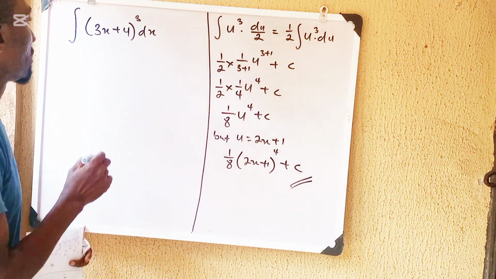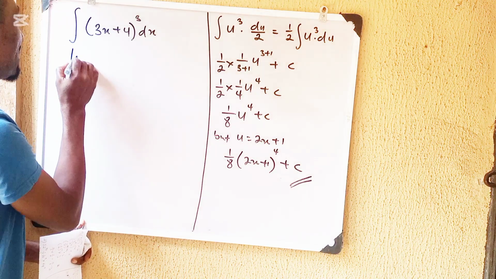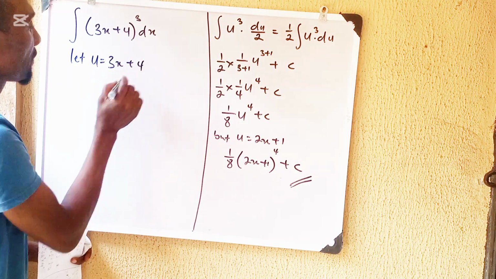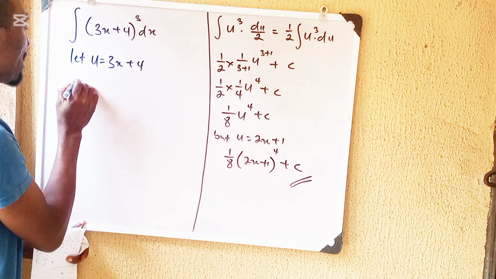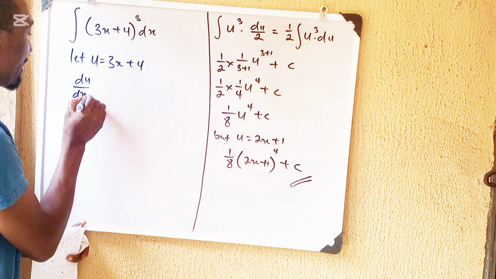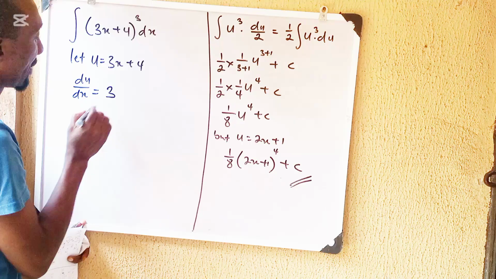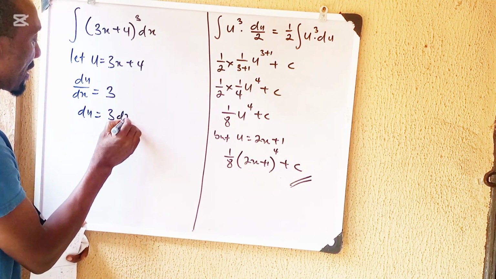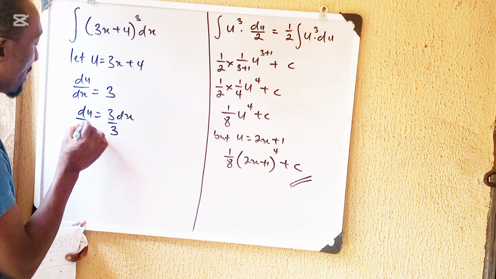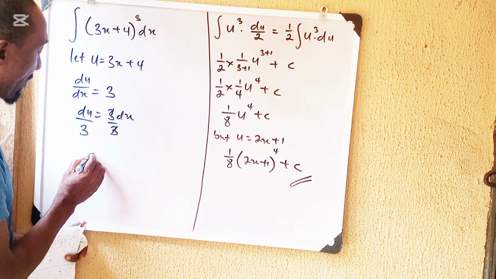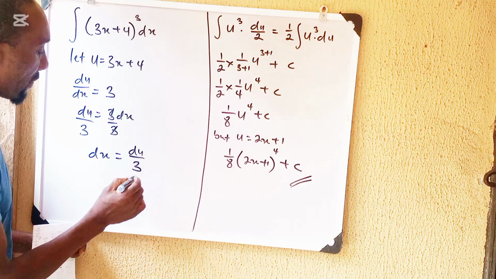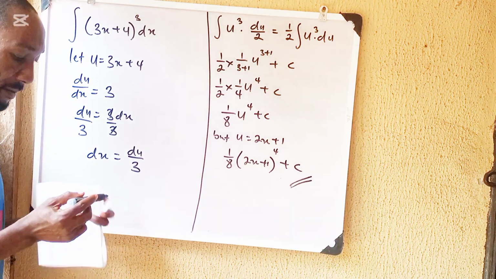Okay, so again we'll do the same thing. We can say let u again be 3x + 4. For that reason, what are we going to do? Our du/dx now is equal to 3, such that du is equal to 3 dx. So if you divide all through by 3, you have that your dx is equal to du over 3. So the same thing happens again.